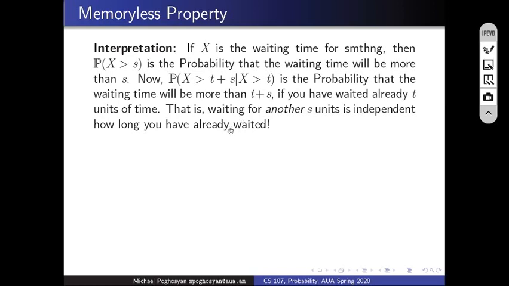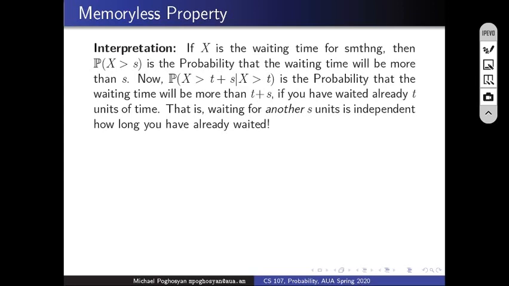So let me give an example. Say you are calculating the waiting time, the time between two goals scored in a football game. If after one goal you have waited, say, 5 minutes, that doesn't increase the probability that the next goal will come in, say, 10 minutes or more.